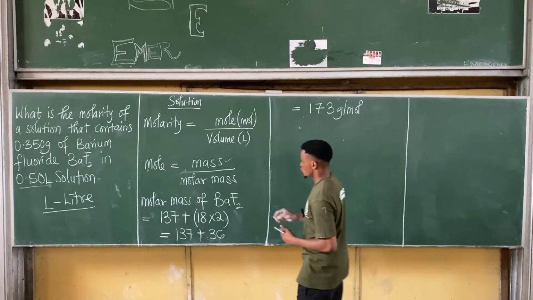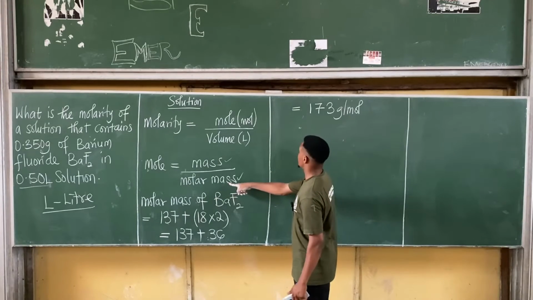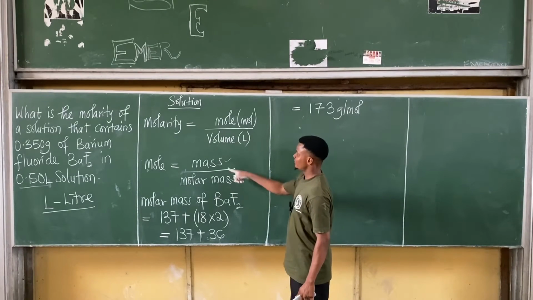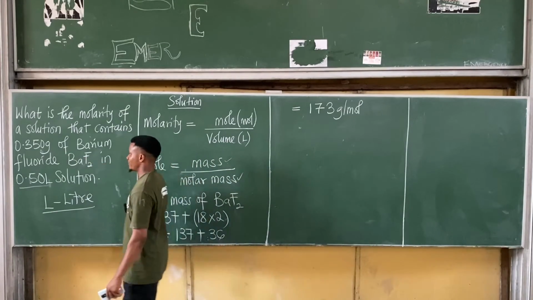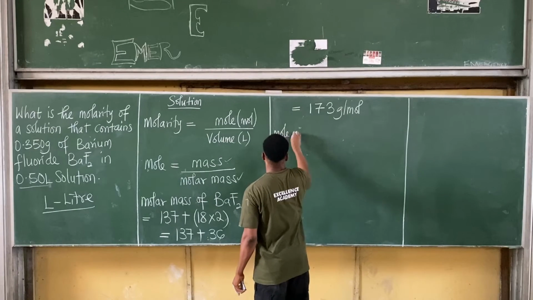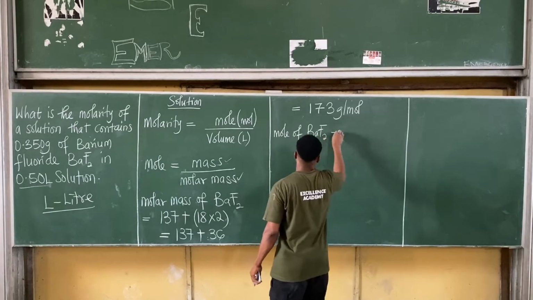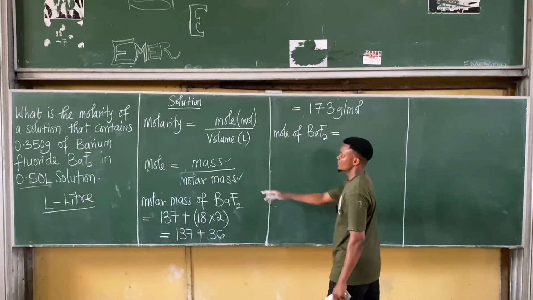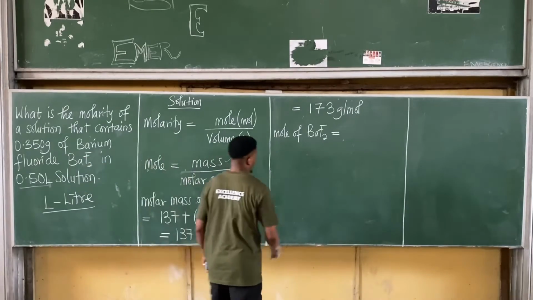With this taken care of, we now have the molar mass as 173 gram per mole and the mass as given here, 0.350 gram. So we can now find the mole. The mole of barium fluoride is equal to the mass of barium fluoride, which is given as 0.350.